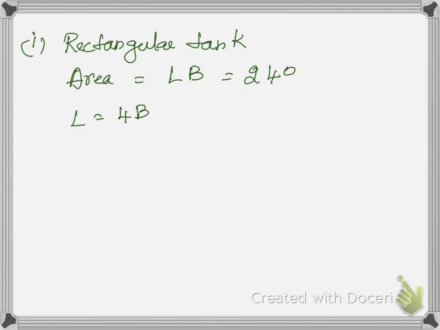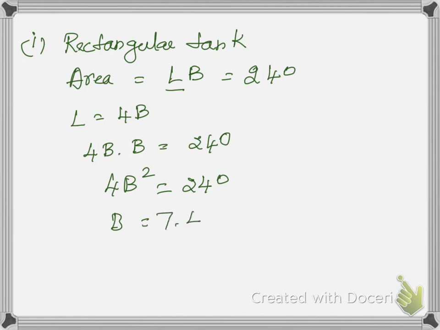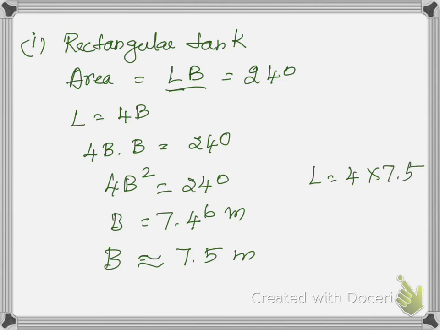Substituting 4B for L, 4B into B is equal to 240, so 4B square is equal to 240. I get B, that is my breadth, as 7.46 meter, approximately 7.5 meter. If breadth is 7.5 meter, length is 4 into B, so 4 into 7.5, my length will be 30 meter.